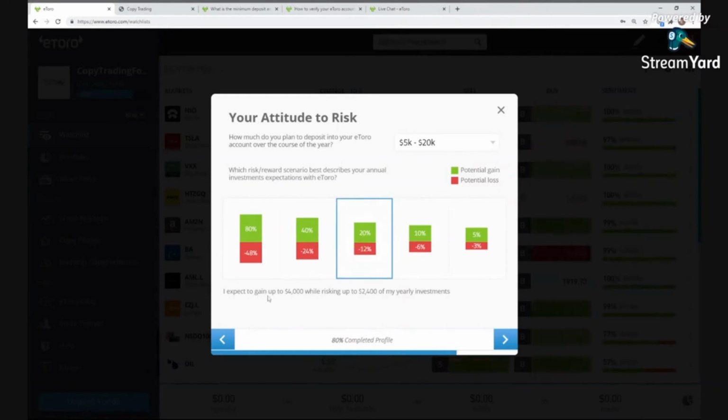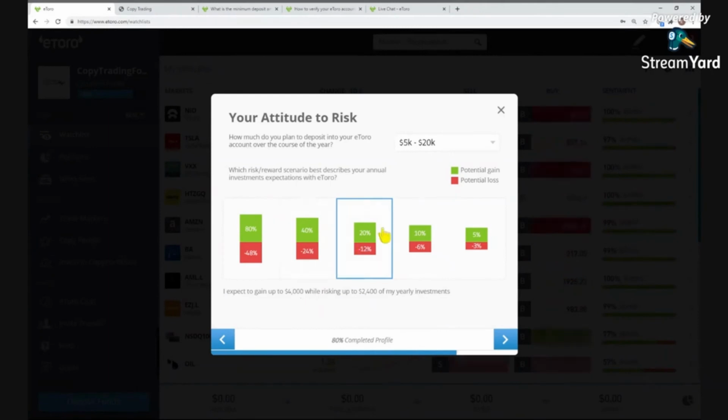It says I expect to gain up to 4,000 while risking 2,400 of my yearly investment. So over the 5,000, that's how much I expect to gain, up to 4,000 while risking 2,400 of my yearly investment.